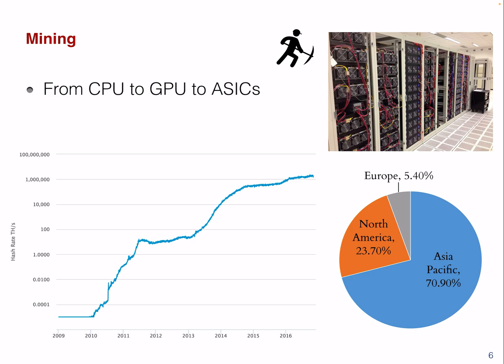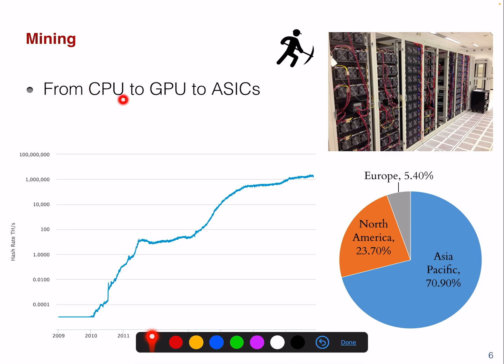So this is quite an interesting industry. The industry moved from first CPUs to GPUs and now to application-specific integrated circuits, whereby specialized hardware is being used to perform as many hash operations as possible. So it's really a race between the different miners. We observe that the majority of the mining power is actually in Asia Pacific.